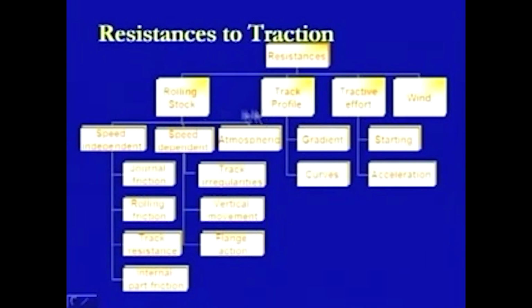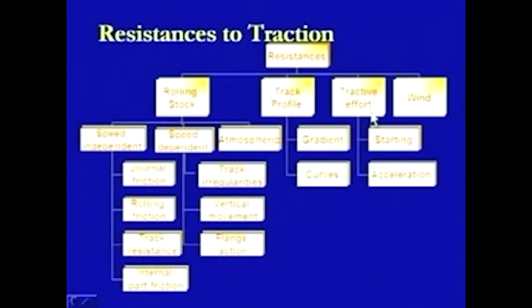Under the rolling stock condition, there is a further classification of different resistances which are offered, and these are either speed dependent or independent of the speed, or atmospheric, other than the condition which is taken care of in the atmospheric conditions at the previous level. Similarly, in the case of the track profile, the various resistances can be there because of the physical features of the track, and they are the gradients and the curves.